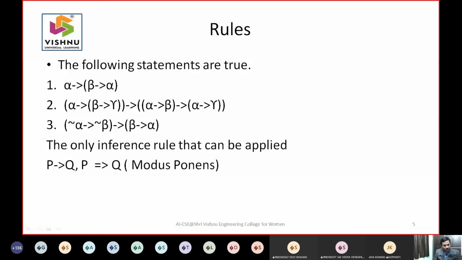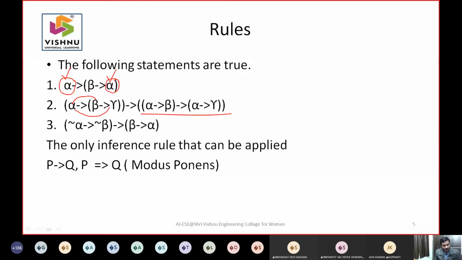What you need to identify here is, in that text also they have written A to B to A. So every time I'm writing, I am taking an alpha here, I'm writing an alpha here. This is a fact, this is true. So every time when you have something like this, alpha to beta to alpha, then this is also a valid statement. You represent this. This is how it is going on.